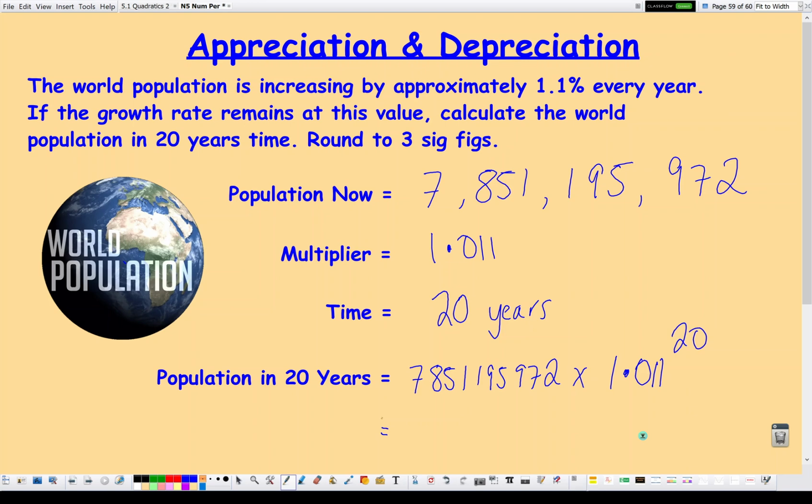And it goes up to 9,771,448,100. So in 20 years' time, if the growth rate remains approximately the same, we'll be almost 10 billion people.